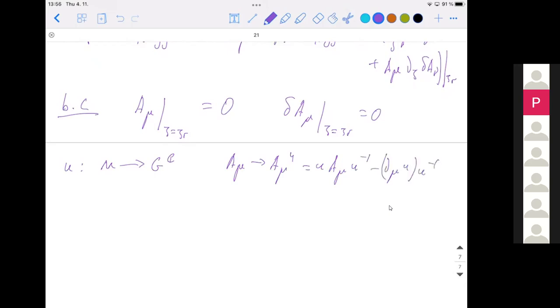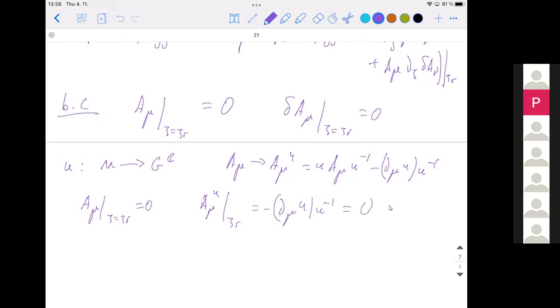So this needs to be compatible with the boundary condition. So then we wrote this as this. So that means from the transformation, its boundary should be this.